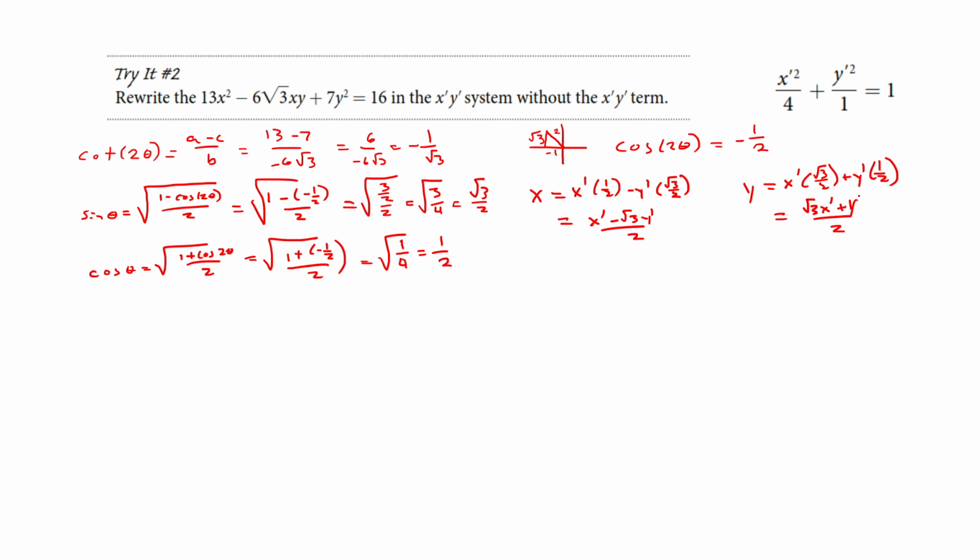All right, now I would take this original formula, and everywhere there was an x, I'm replacing it with our new rotated version. And now this one, I'm replacing this y.